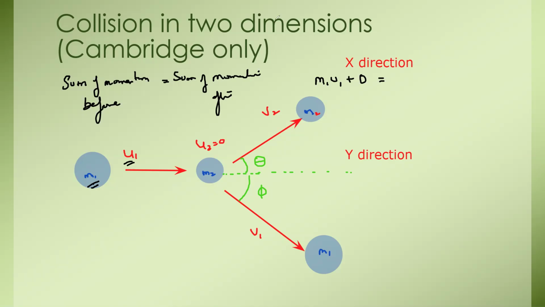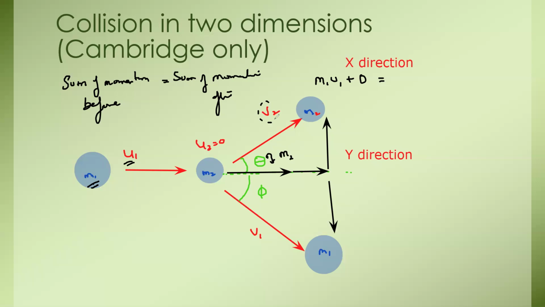Now, because we are talking about momentum, we need the product of mass and velocity both. So what will be the component here? Because each object has two components, one in x and another in y. If you want the component for this m2, because it is at an angle, we write m2, because we need the momentum, and momentum is a product of mass and velocity.